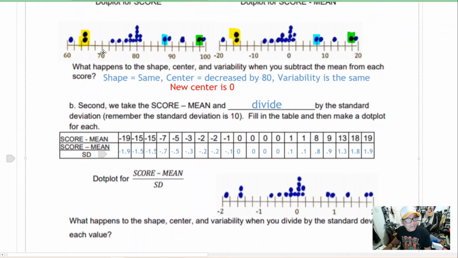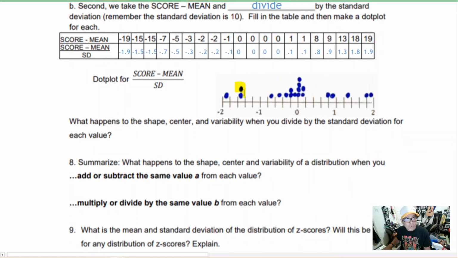Let's highlight our 3 guys again. Well, we have Biff over here. Now his z-score is -1.5. We've got Marty. His z-score is 0.8 right over here. And then we've got Goldie. His z-score is 1.8, so he's right here.